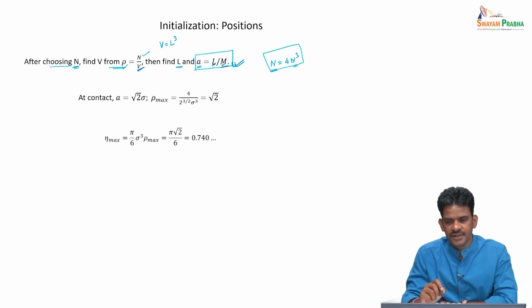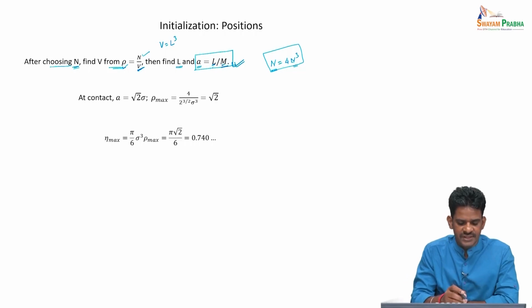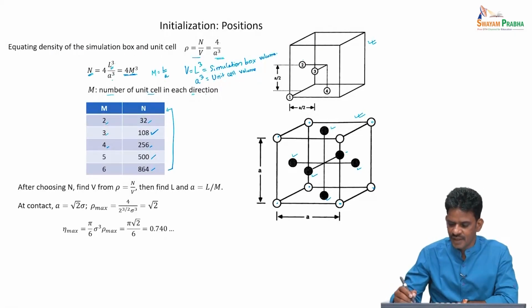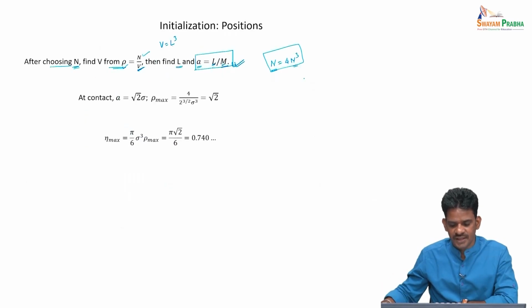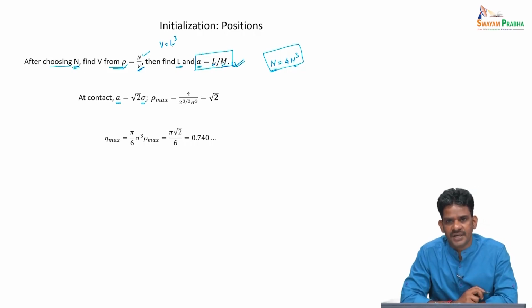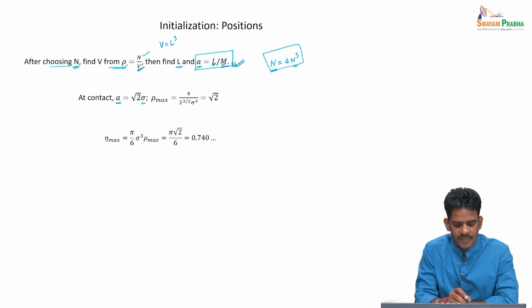Now we can ask what is the maximum density that we can pack in an FCC lattice. To see this, if you think about this particular lattice, and if you start making each particle larger and larger, at some point of time they will start touching, and then you can see a relationship between the edge length of the unit cell and the diameter of the particle. At contact, the edge length will be equal to square root of 2 times sigma.